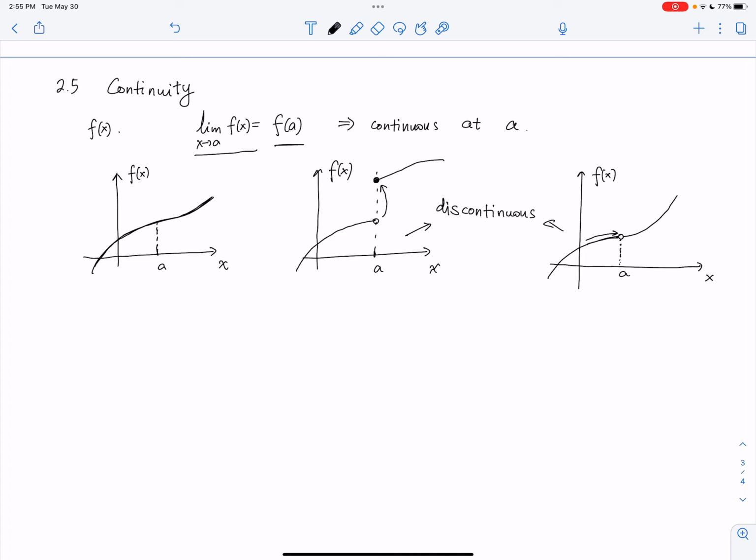And for continuous functions, we also have some rules here.